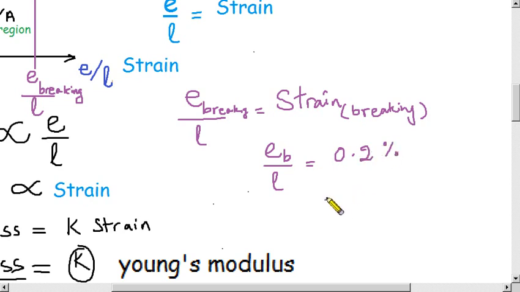What is percent? What is the meaning of percent? Per 100. The denominator should be 100, then 0.2. This is the meaning of this symbol. You know that. I don't know whether you know or not.